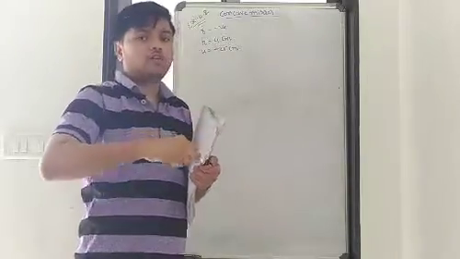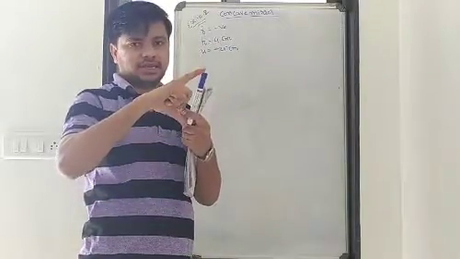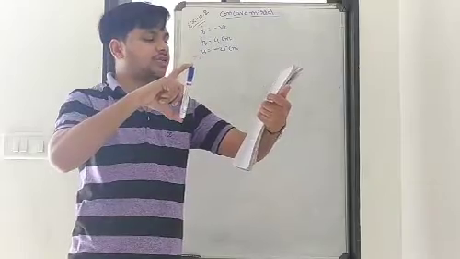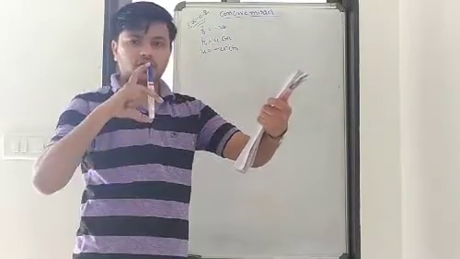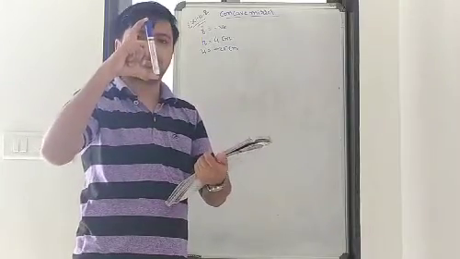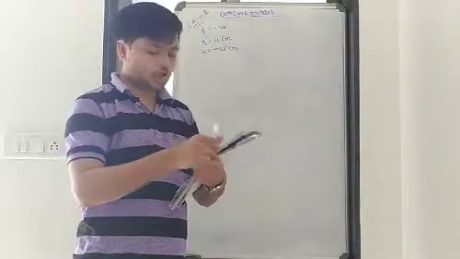So 25 cm is the object distance, while the 4 cm is the size of the object, right?